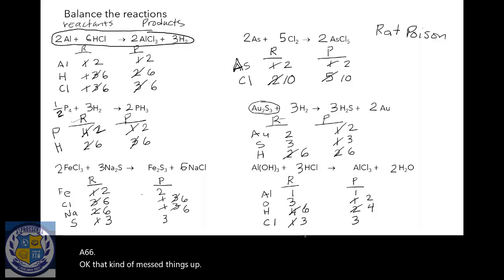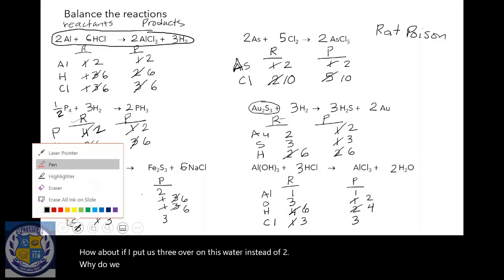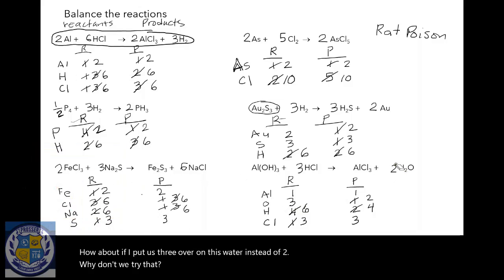So I have to look at that water. 3 and 2, 3 and 2. That's 6. Oh, how am I going to get out of this one? How about if I put a 3 over on this water instead of a 2? Why don't we try that? Okay, I'm going to get rid of that 2.